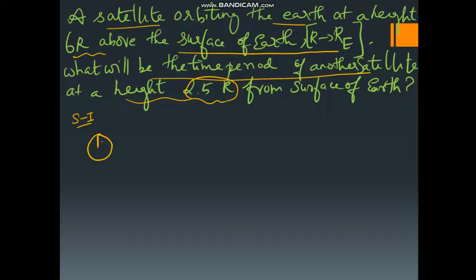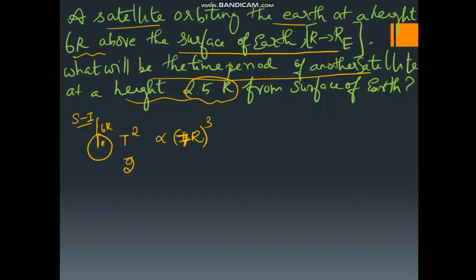The earth radius is r and the satellite is at a height 6r. So T square is proportional to r cube, but here the r value is 7r, since you must always take from the center, so 7r the whole cube.